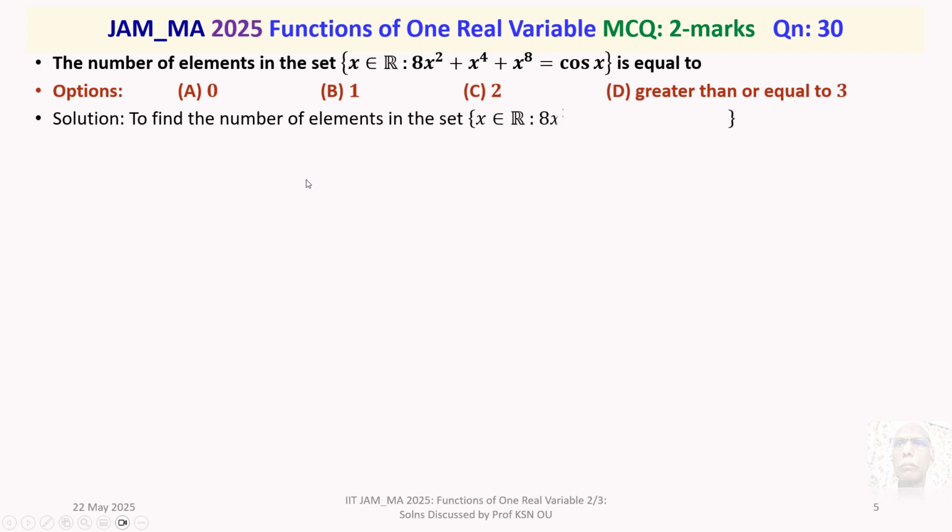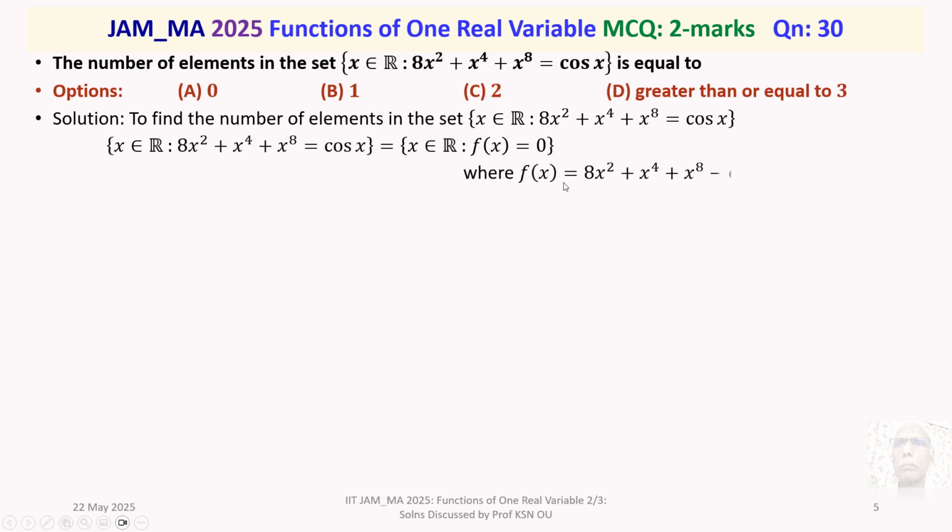We want to find the number of elements in the set consisting of x belongs to R such that 8x square plus x to the power of 4 plus x to the power of 8 is equal to cos x. Let us take that set to be the set of all those x belongs to R which satisfy the equation f of x is equal to 0, where f of x is taken to be 8x square plus x to the power of 4 plus x to the power of 8 minus cos x.